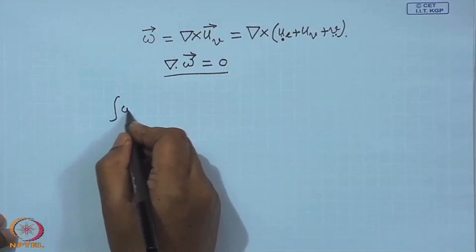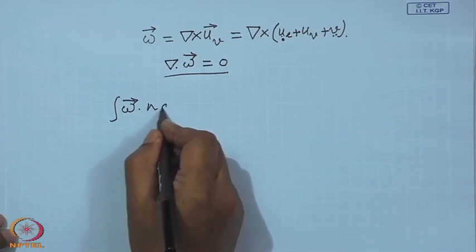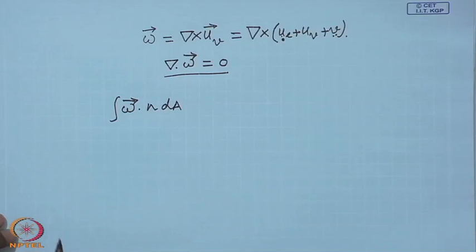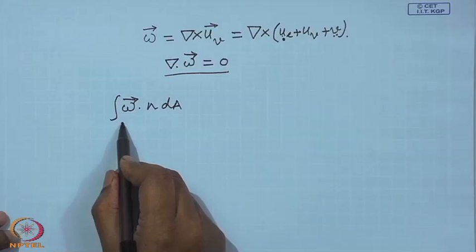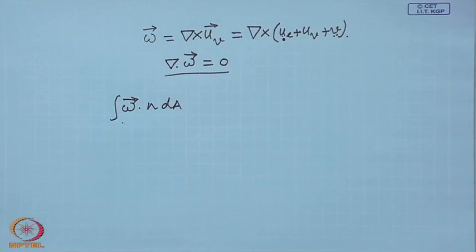Then the surface formed by this closed curve is basically an open surface, because it does not include any volume, and the integral of this vorticity over that area, which we can define as omega dot n d a, we will try to show that this quantity is constant; it will not change along the length of the vortex tube.